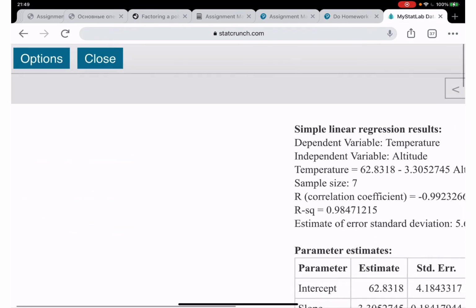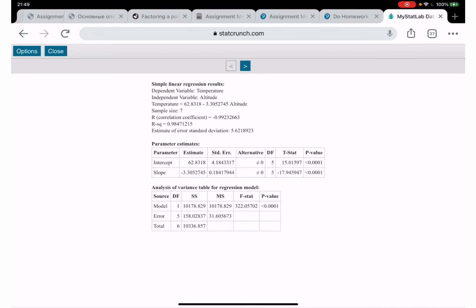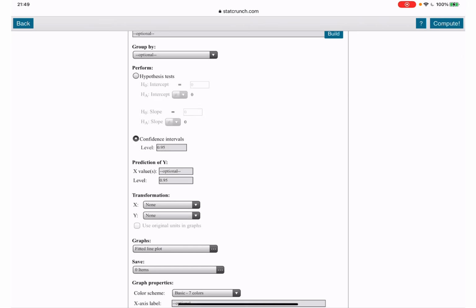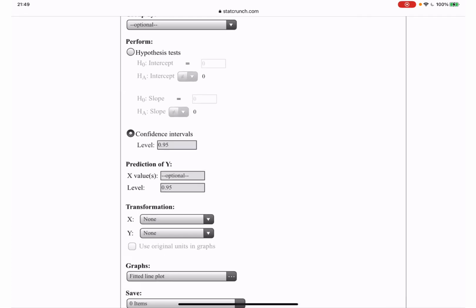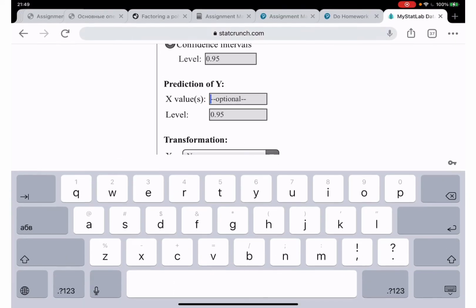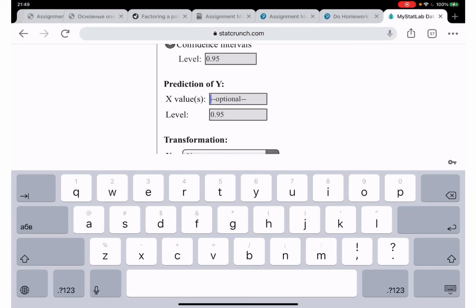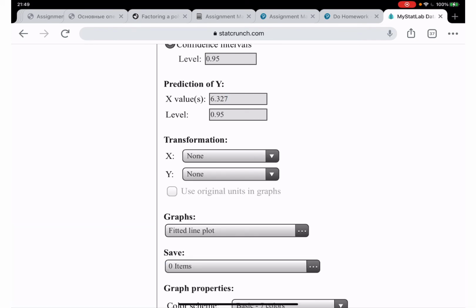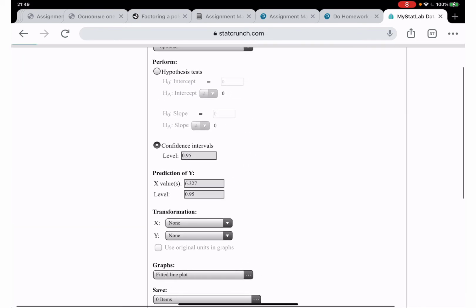We need to change this, so not to start over everything, I'm clicking Options, Edit, and I'm going to Confidence Interval. I have 95. Whoever doesn't have 95, change the level here and change here under prediction. So the X value is 6.327. Okay, and let's go compute.